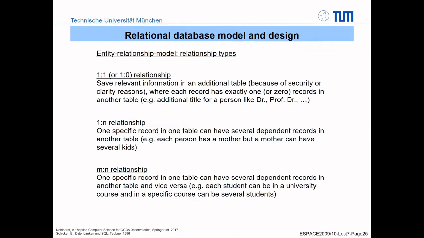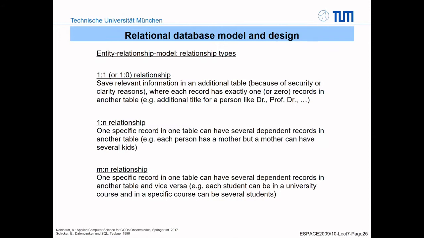You can have this available in an additional column, but another thing is you should avoid empty or null columns. And therefore you can create, for clarification, for simplification, an additional table where you have a primary key pointing to doctor, professor, or whatever, to the title, and then you connect it with a foreign key to the individual person. So it's a 1-1 or 1-0 connection.